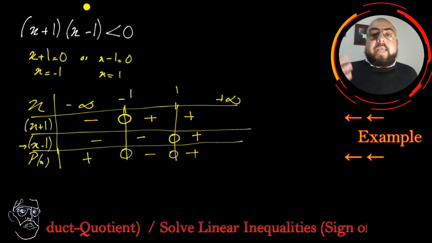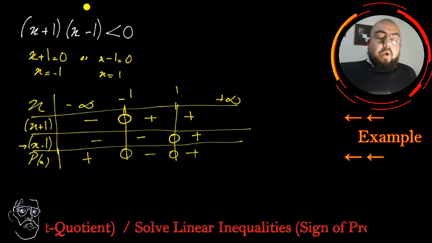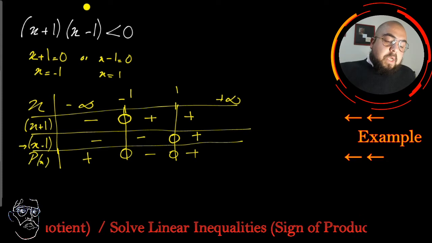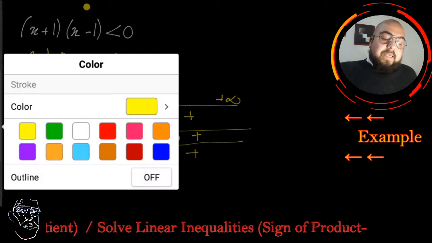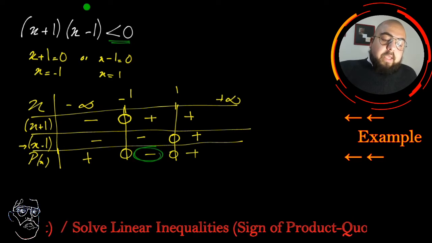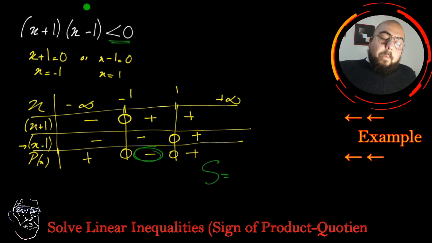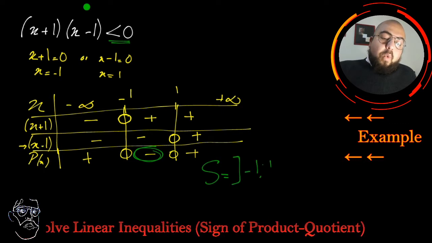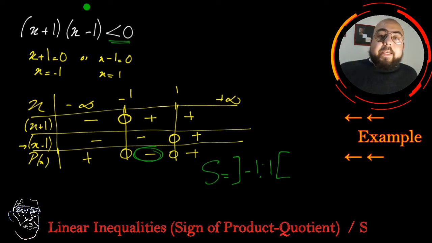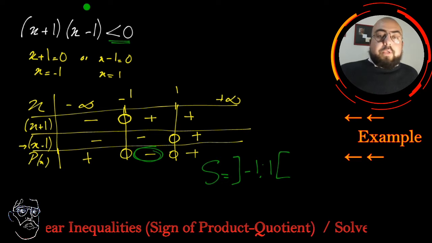So in this case I have the sign of the product or the whole polynomial. Now I have to choose the part where it is negative. So I want negative, I will have to choose the negative part. So S will be equal to minus 1 until 1. This is how you solve an inequality where you have a product.